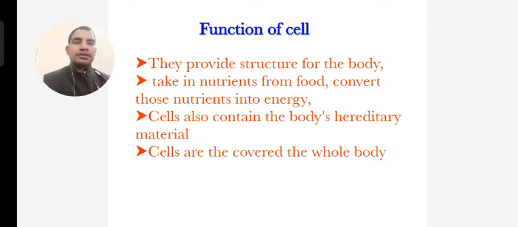Next, the cell also contains the body's hereditary material. Various cells contain hereditary characteristics. White blood cells contain the defense system of the body, which is a very important role.